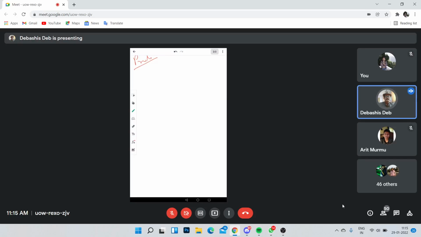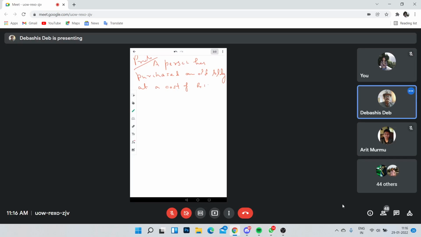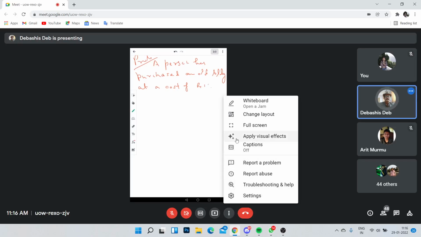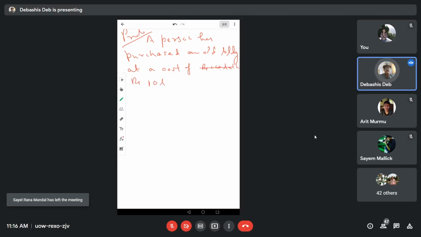First problem, write down. A person has purchased an old building at a cost of rupees 10 lakh.